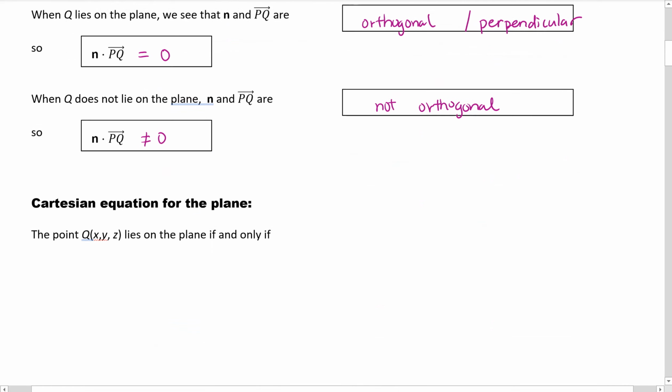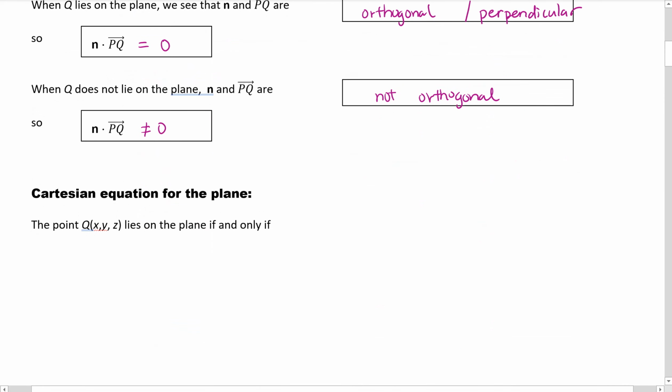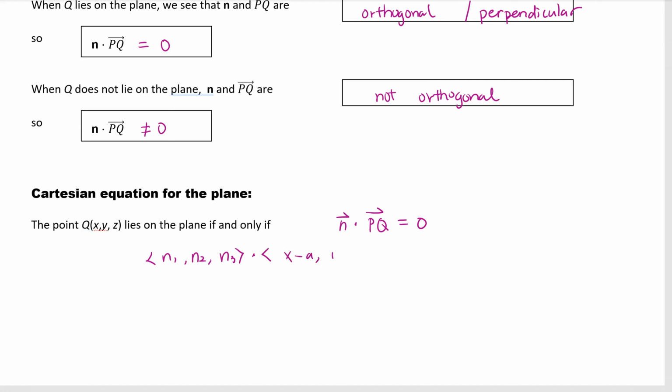So that's why we come up with the Cartesian equation for the plane. The point Q(x, y, z) lies on the plane if and only if n dot PQ equals 0. Here n is n1, n2, n3, and PQ is x minus a, y minus b, z minus c.